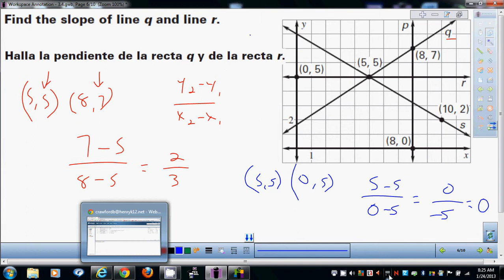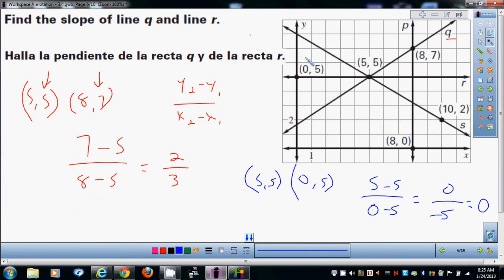Also, please notice you have line S, line R, line Q, and line P. Which of those 4 circled lines has a negative slope? Raise your hand. Which one of those 4 lines has a negative slope? Malik. Very good.